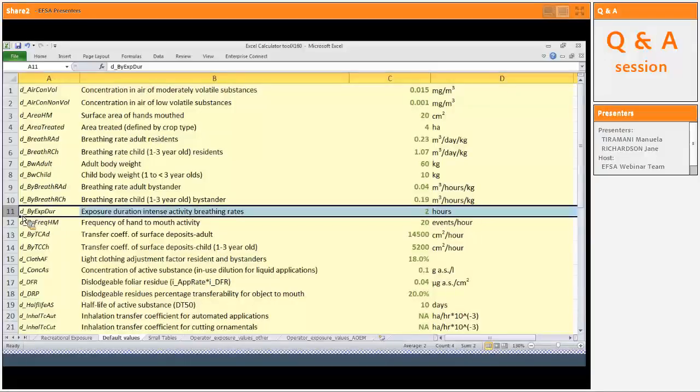I want to spend another couple of words on this default because the work we did has been huge in terms of trying to find the best default for the most representative situation. It was not easy, I have to admit. We had a lot of discussion and considerations, and we think that currently this is the best approach, keeping in mind worst case and realistic scenario and so on.